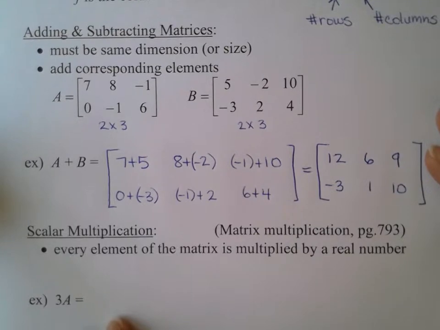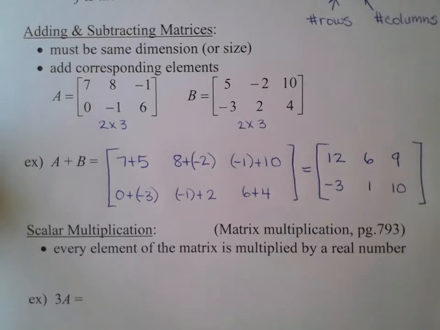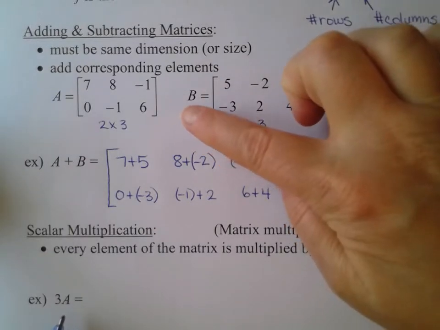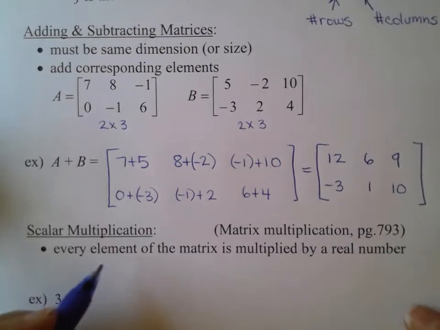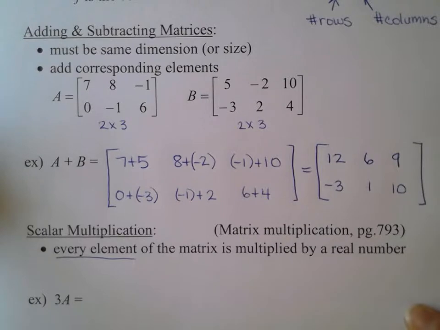I can also multiply a matrix by just a regular number. A regular number, right, without a variable or any extra notation or meaning to it, just a number is usually called a scalar. So I'm just multiplying by a real number, okay? For example, I'm going to multiply matrix A up here by 3. When I do that, I multiply every element, all the elements. Not just the first row, not just one of the elements, everything.